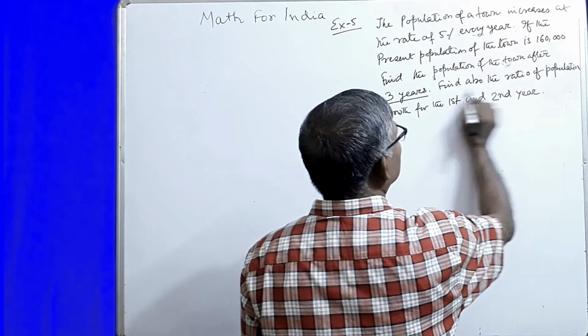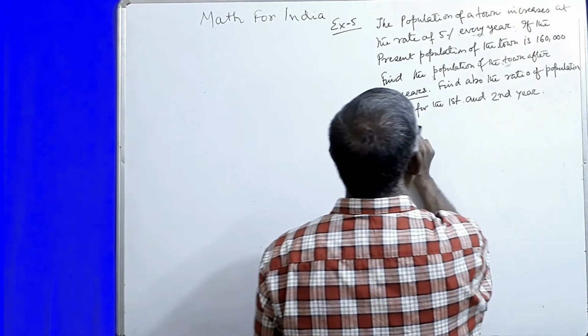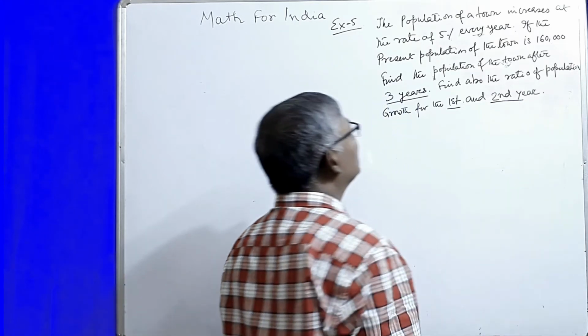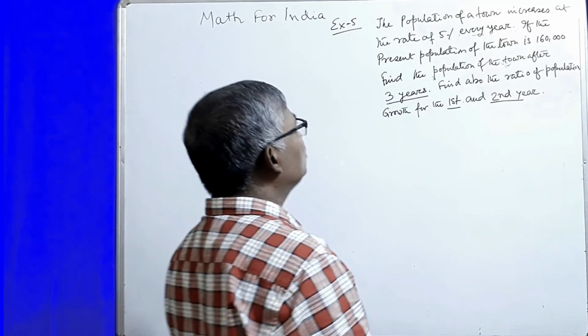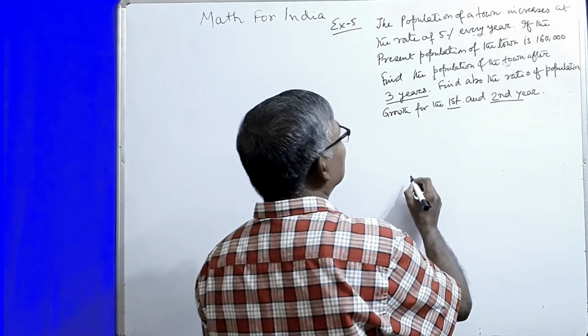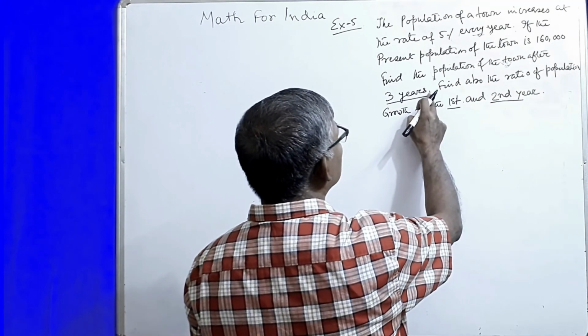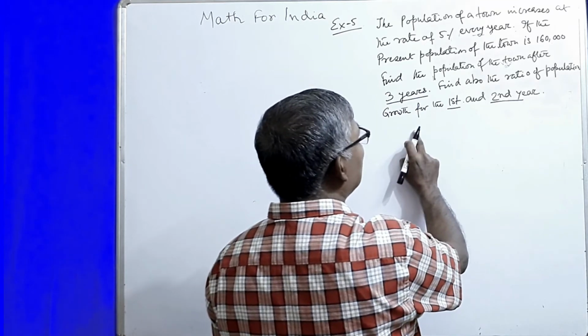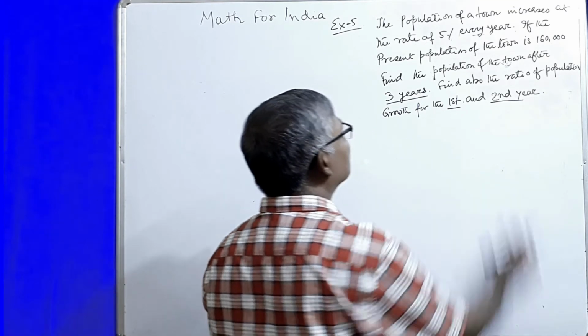Find also the ratio of population growth for the first and second year. Students, here are 2 questions. Find the total population of the town after 3 years and rate of growth of the population for the first and second year.